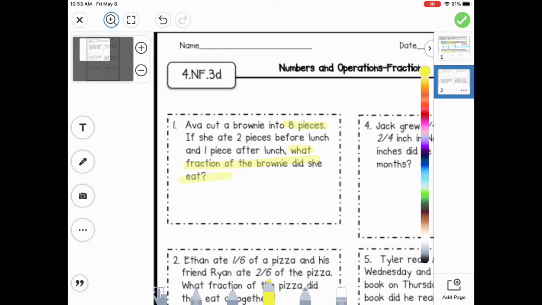So the brownie was cut into 8 pieces. She ate 2 pieces before lunch and 1 piece after lunch. What fraction of the brownie did she eat? So she ate 2/8 before lunch and 1/8 after lunch. So she ate 3/8 of the brownie.